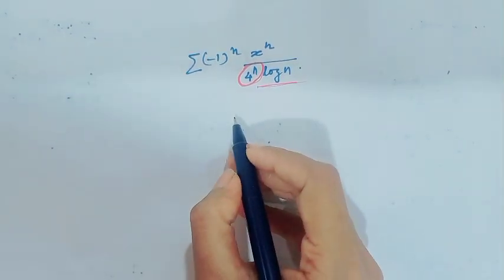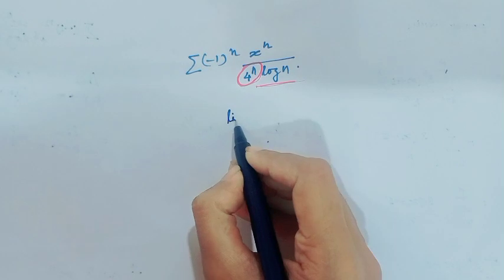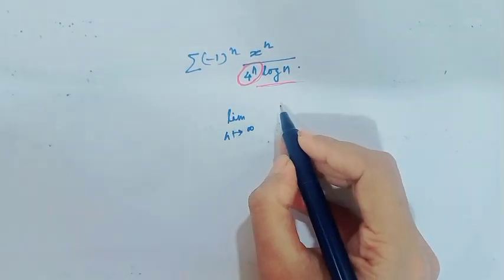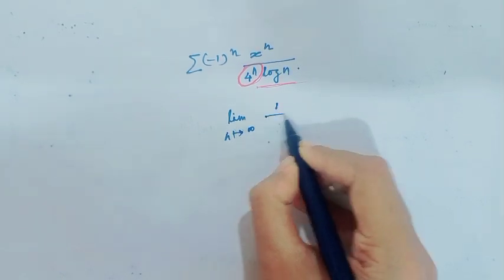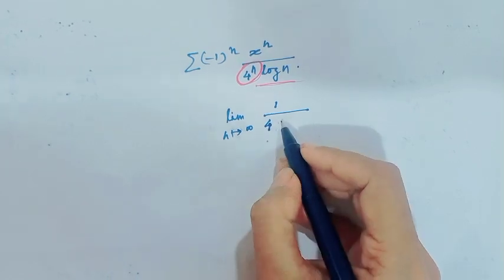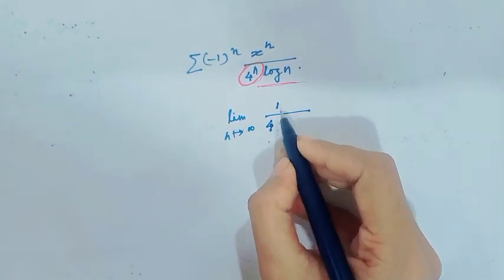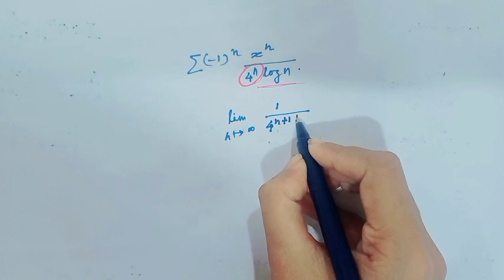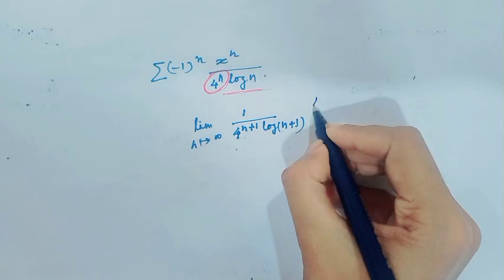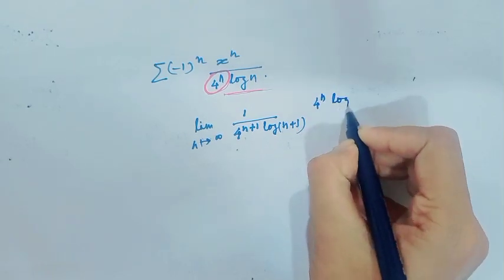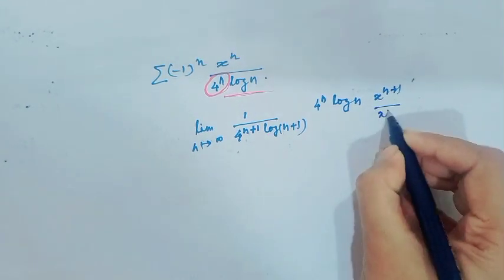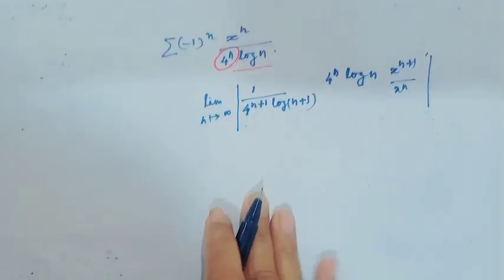Limit n goes to infinity of the absolute value of a_(n+1) over a_n. Here it would be 4 to the power n plus 1 log of n plus 1, over 4 to the power n log n, and x to the power n plus 1 over x to the power n, in absolute value.